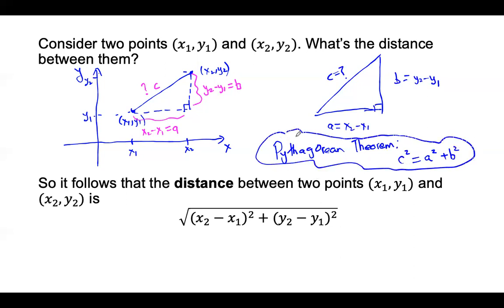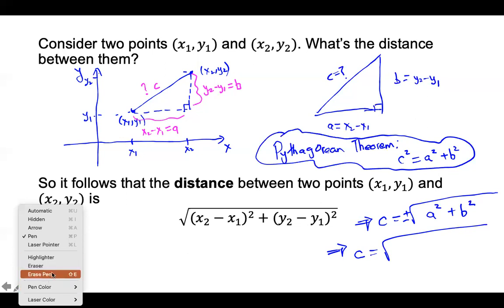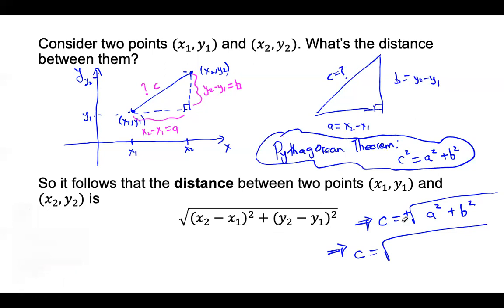So let's relate the distance between 2 points to what we know. We have A is X2 minus X1, and B is Y2 minus Y1. So this implies that C is equal to plus or minus the square root of A squared plus B squared. But distance is positive, so we can erase this minus here.